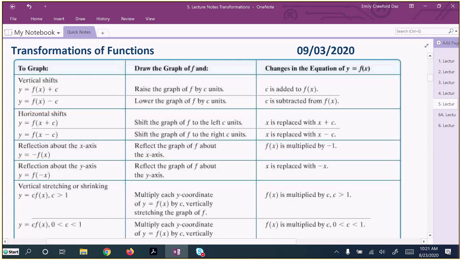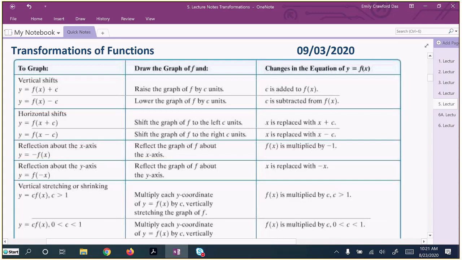Whenever we're doing any transformation of a function, the first question we're going to ask ourselves is if the transformation is affecting the x-coordinate or the y-coordinate. If we're talking about a vertical shift, does it seem like that should be changing the x-coordinates or the y-coordinates?